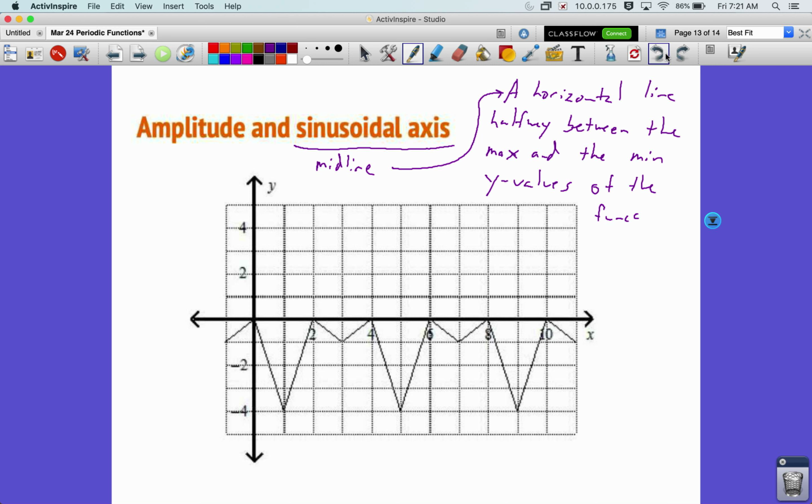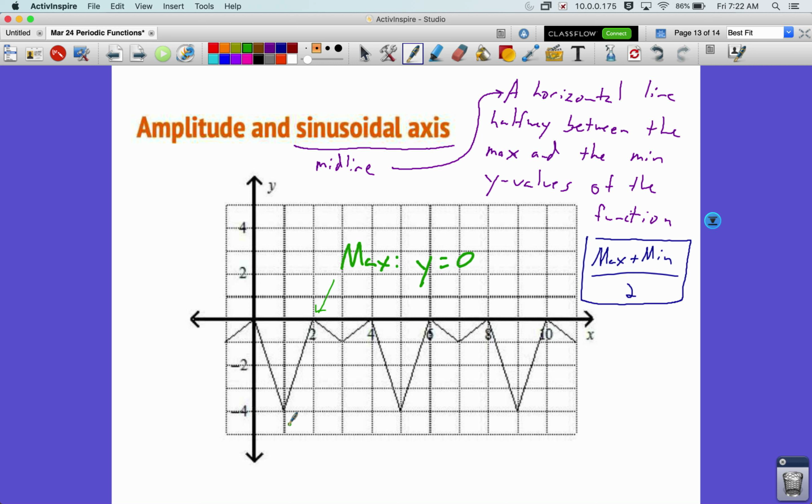All right, and if it's halfway, we can use a formula to get there, but I don't like you guys to memorize this formula. I think it's easier to just look at where the max is, look where the min is, and say where's halfway. But we could do max plus min divided by 2 to get halfway in between them. All right. So looking at this, the maximum y value we get is y equals 0.